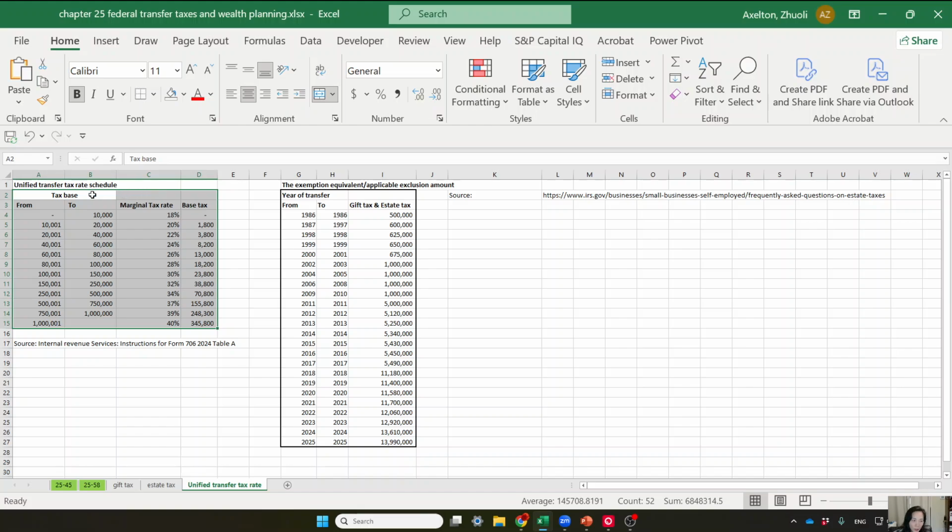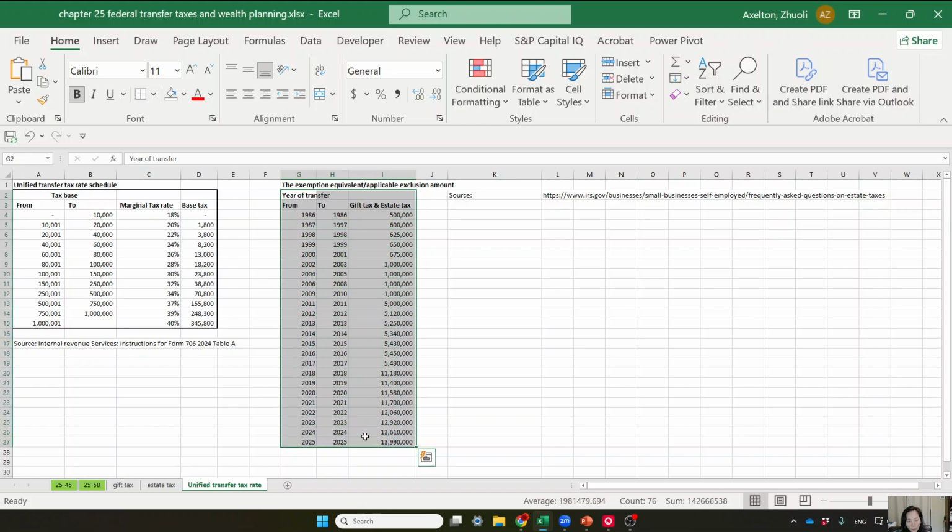However, this unified transfer tax rate schedule works for the gift tax as well as the estate tax. And as far as the exclusion or the exemption amount, it's the same exemption equivalent from year to year. And this gift and estate tax exclusion is combined.